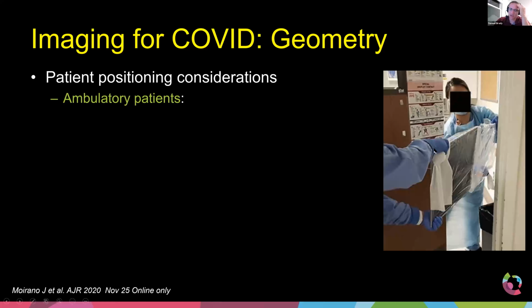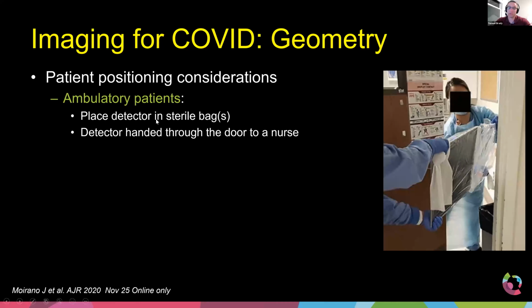The first thing you're going to do is take your detector and cover it in a sterile bag. Some publications, such as the one I quoted here, actually covered it in 2 bags, just in case the first one got accidentally perforated. You want to minimize how much this detector is directly exposed to a COVID environment. That helps you, and as I'll explain in a minute, it prevents you from using a lot of harsh chemicals to clean and sterilize your detector.